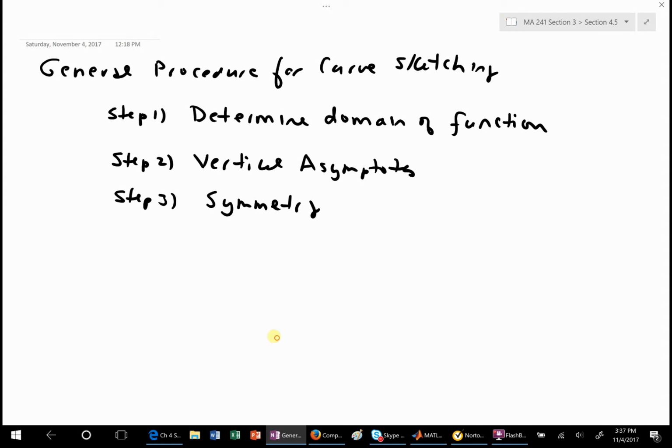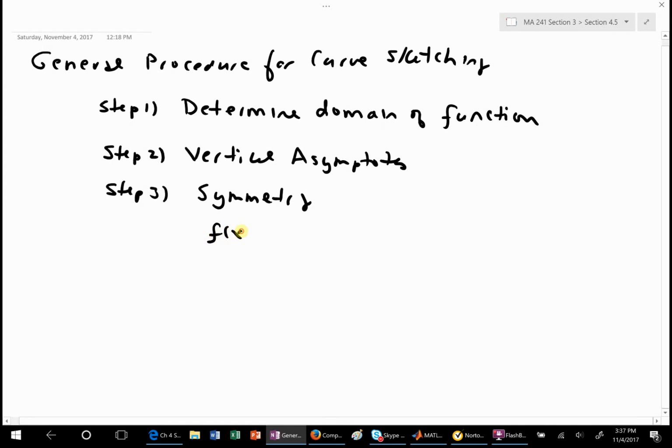So for example, if you're given a function like f of x equals x cubed minus x, that's odd, because there's symmetry about x equals 0, okay? It's useful because when you go to plot those points, you know that for every point with a positive value, the negative value has the same thing, except the function takes a negative value, okay? So the fact that this is an odd function helps us.